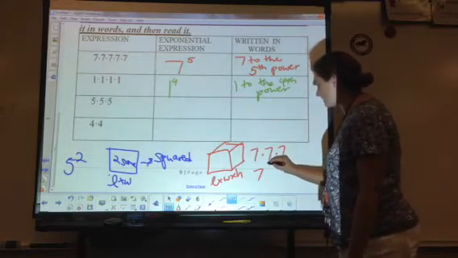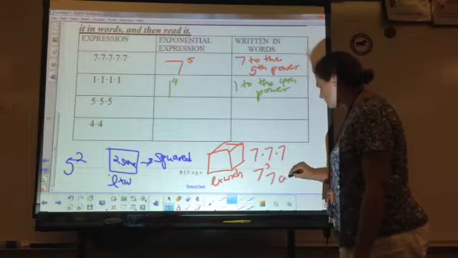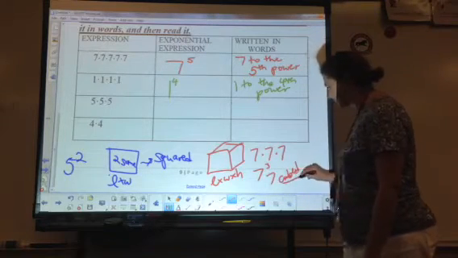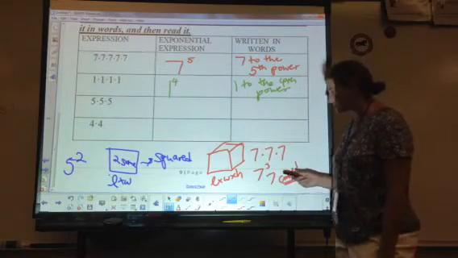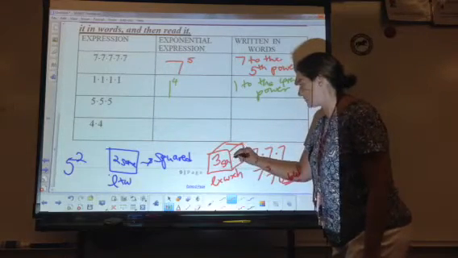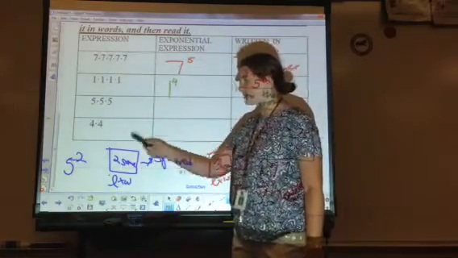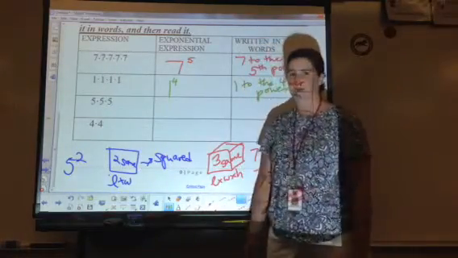So you can call that 7 to the 3rd power, or you can say 7 cubed. Cubed is something that has to do with an exponent of 3, because there are 3 of the same dimensions here that are all multiplying, and there in a square are 2 of the same dimensions that are all multiplying.